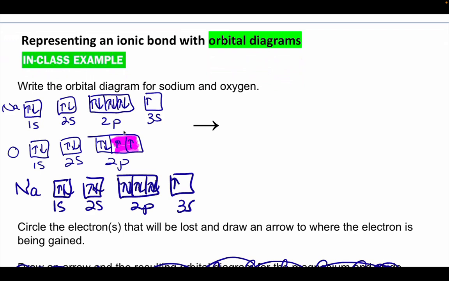Then if I were to show this, I would draw a circle and show that electron going over to that orbital, and this electron would go over to that orbital. They would be spinning opposite, but I'm not going to worry about that.